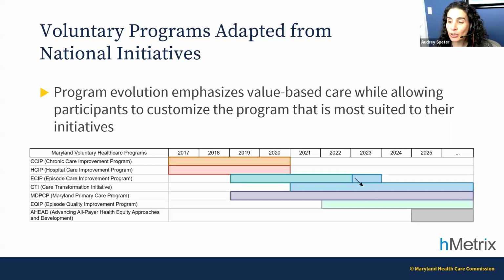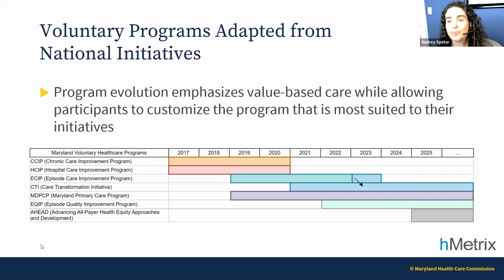And last, as we all look ahead, and no pun intended, to the Advanced All-Payer Health Equity Approaches and Development, or the AHEAD model, that I know Maryland is considering, which would go into effect in 2025 if awarded. So there's a huge variety of different voluntary programs across the state, all of which need a variety of different data. Participants have different needs under each of the programs, and CRISP is working to support these in the best way they can.